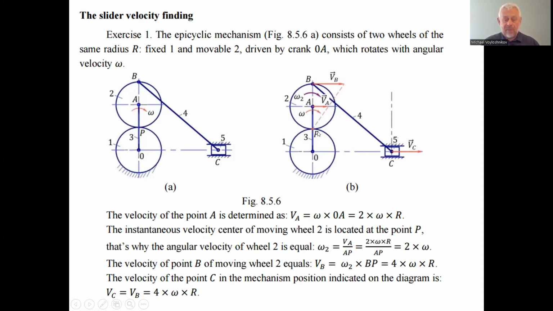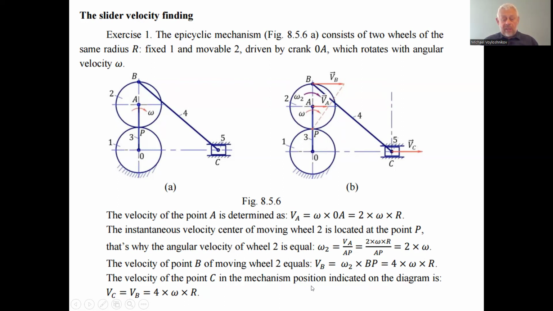BP is the radius from the instantaneous center of velocity of the second wheel to the point B, and this distance is 2r. So we have 2 omegas multiplied by 2r. 2r is a diameter, twice bigger than the radius of this wheel. So we have 4 omega r.